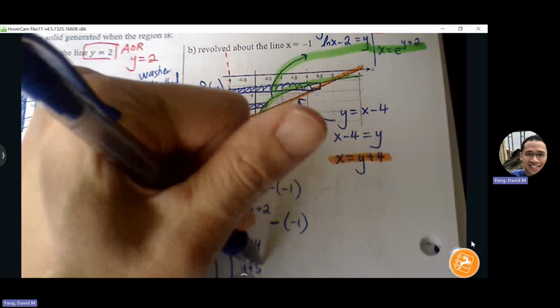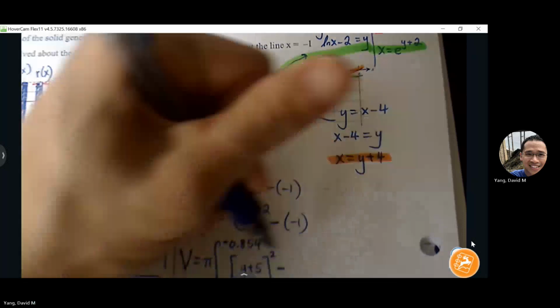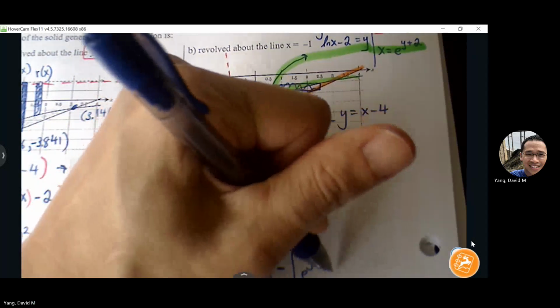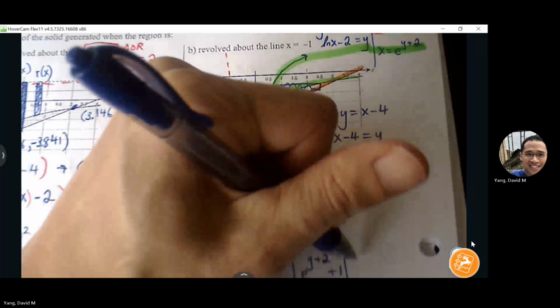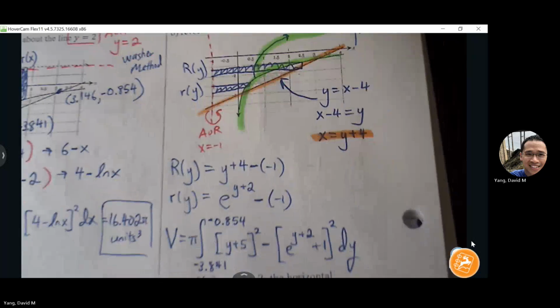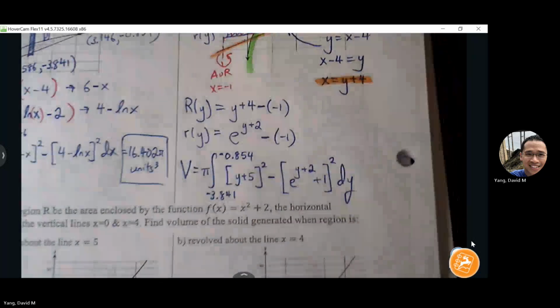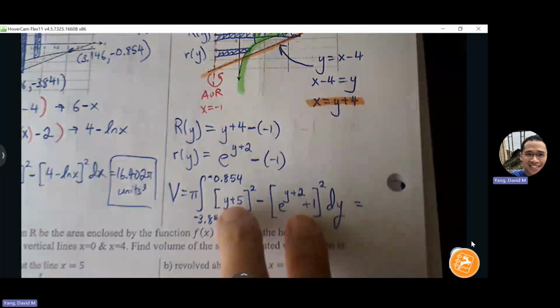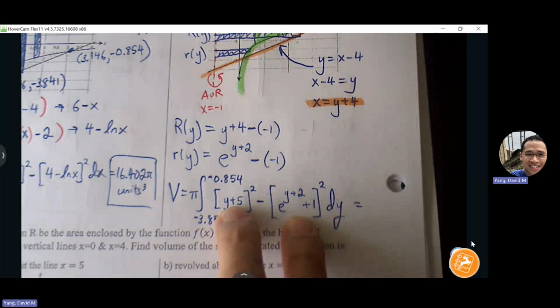Y plus 5, quantity squared. Enter in your calculator, use x's when you put your y1 and y2.